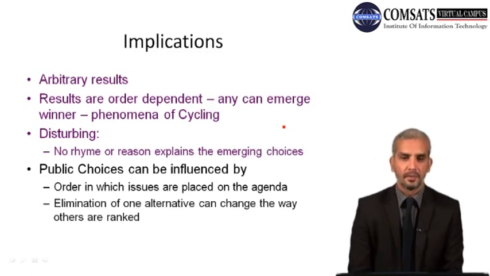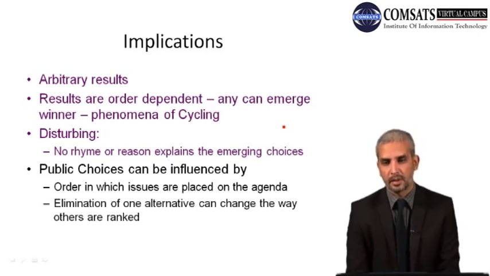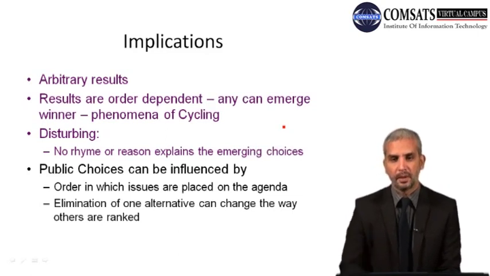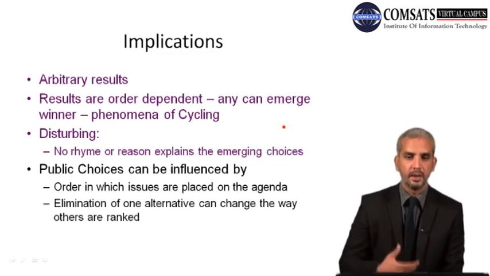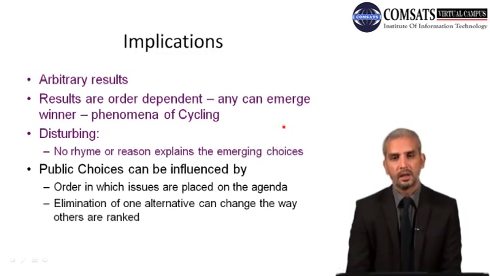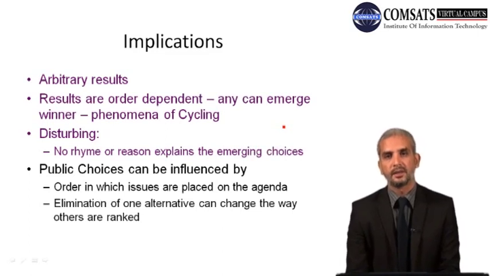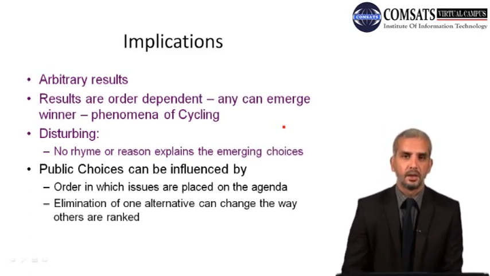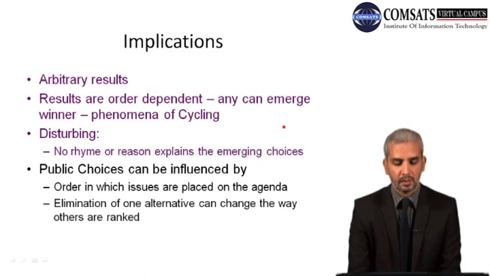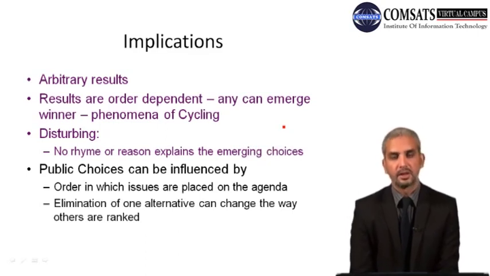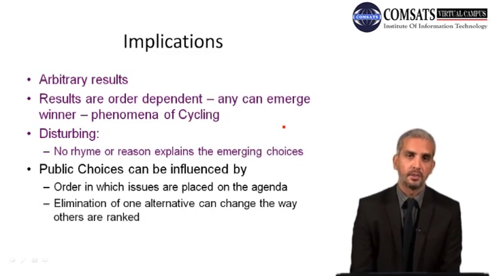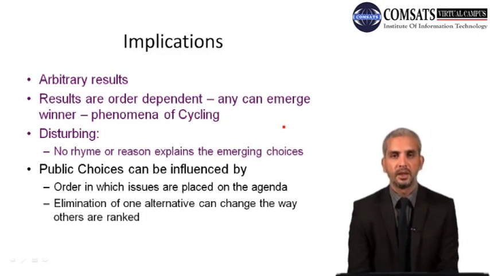That would mean that sharp politicians, or people who put up alternatives, can manipulate the results just based on individuals' rankings and how they pair the choices presented to the public. Public choices can be influenced by the order in which issues are placed on the agenda, like pairing them as 1 and 2, 2 and 3, and 1 and 3. The results were arbitrary.